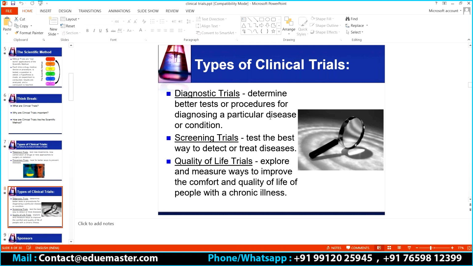Correct? Then screening trials. Always try to find the best way to detect or treat diseases, right? So what is again the example? We can consider COVID itself. COVID can be screened or detected in three different ways.